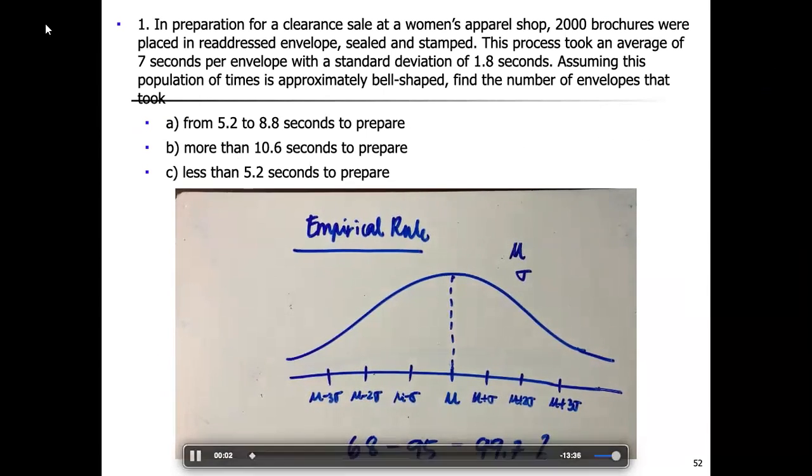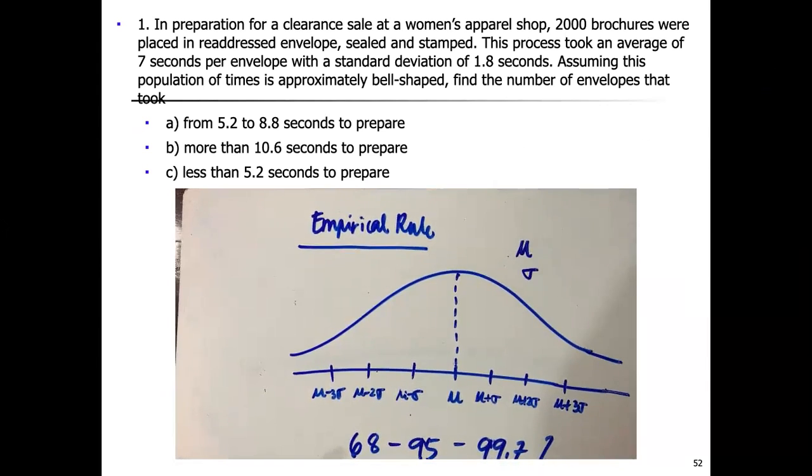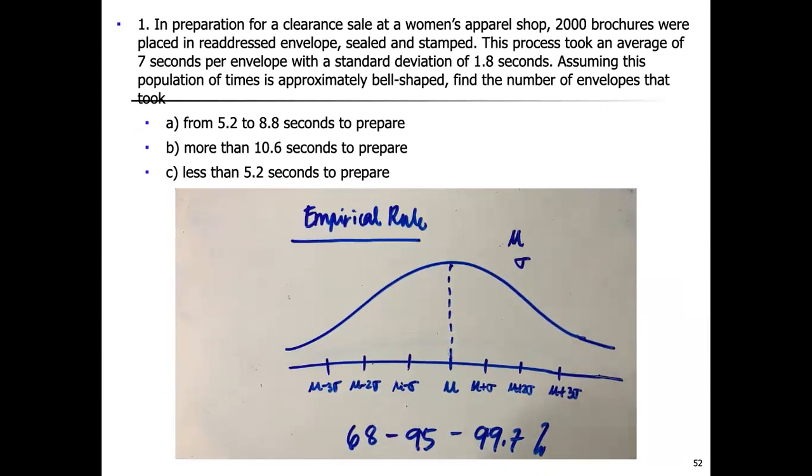Let us proceed to what we refer to as the empirical rule, also referred to as the 68, 95, 99.7% rule. Here, we may take our data from the population. If that is the case, we will consider the population mean and standard deviation, or mu and sigma.